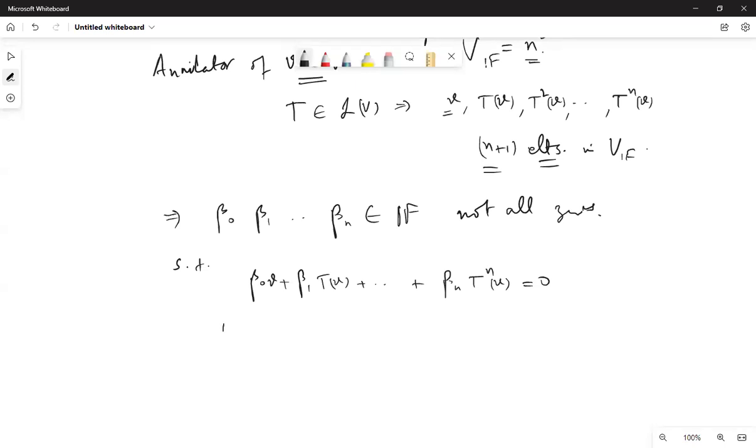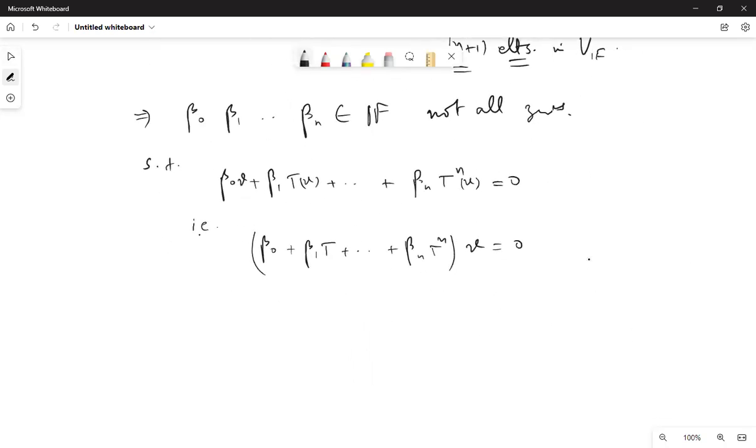This is the same as to say (beta naught plus beta 1 T and so on plus beta n T^n) applied on v is 0. This means I got a polynomial f1(x), which is beta naught plus beta 1 x plus and so on beta n x raised to the power n, such that f1(T) when applied on this v is 0.